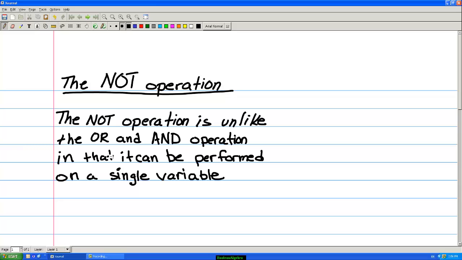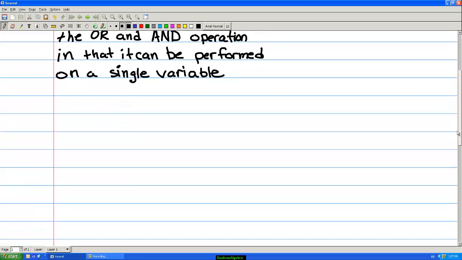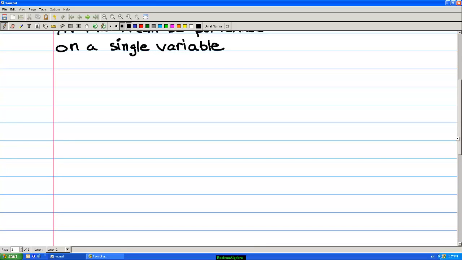So if we have a variable A subjected to the NOT operation, the result X would be expressed as X equal to A not. That's the overbar indicating the NOT operation.